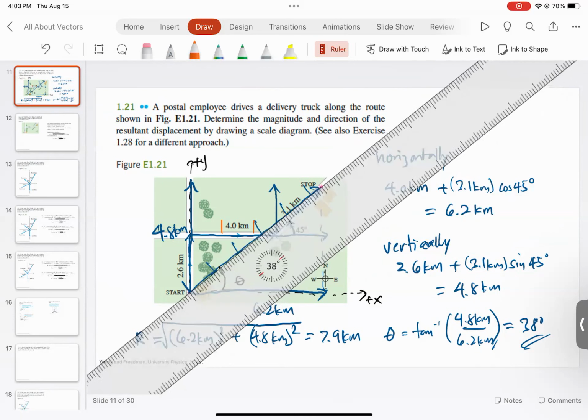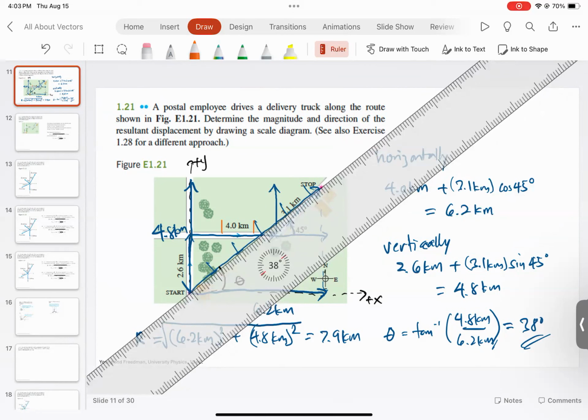Dali lang. 1, 2, 3, okay, 1, 2, 3, 4, 5.4, not 5.8, 5.4 units.